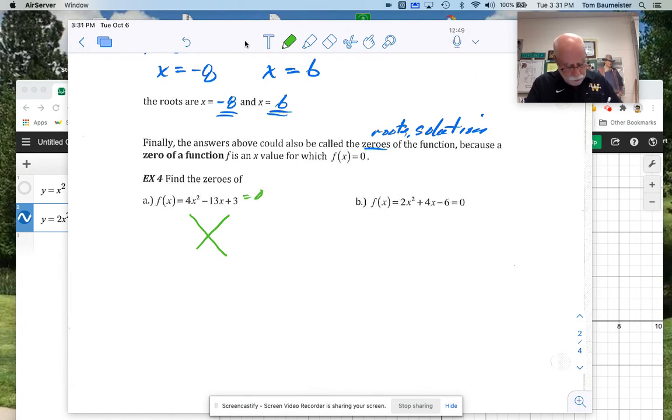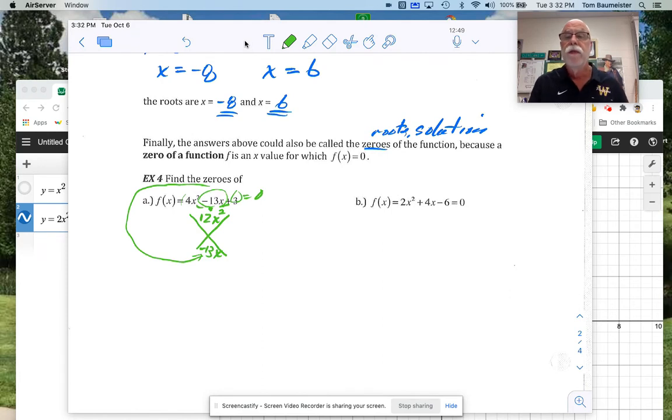Now take the first term and the last term and multiply them and put it in the top. So 4x squared times 3 will be 12x squared. Take the middle term, in this case 13x, and put it down below. And that is a negative 13x.